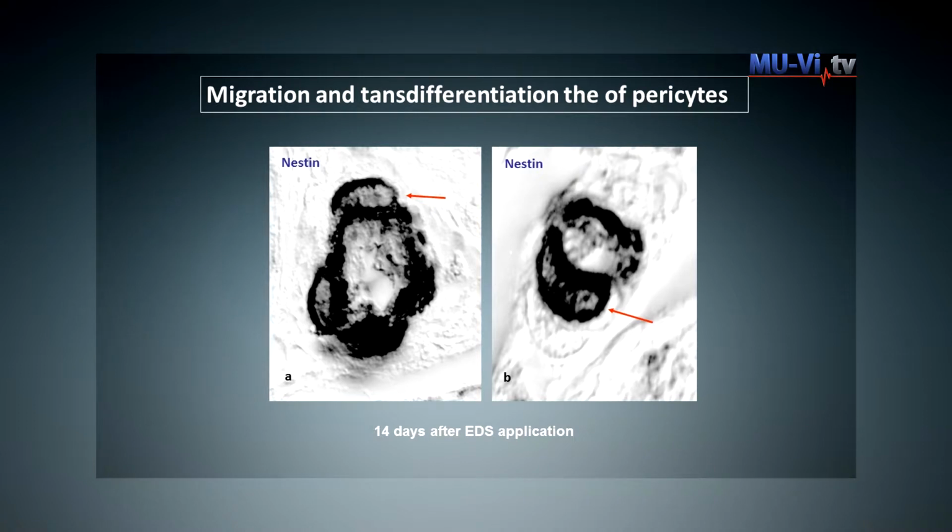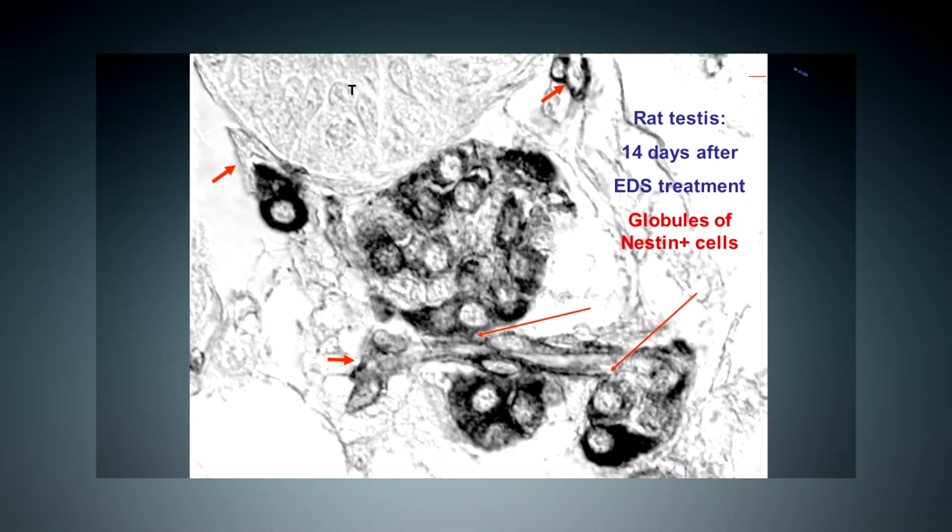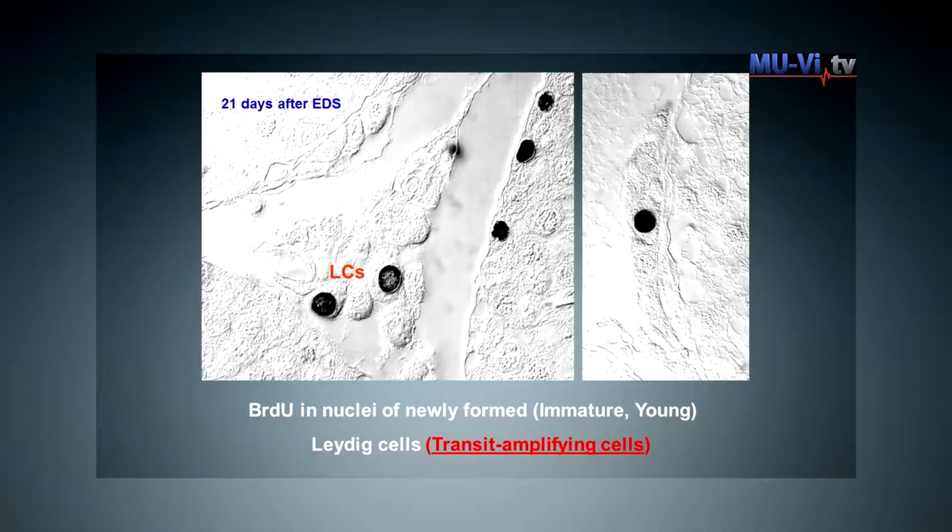This is here also nestin. And these cells are transient amplifying cells, which divide some more to arrive at the number which is necessary for a normal organ in the adult person. You can see the cells in the red.